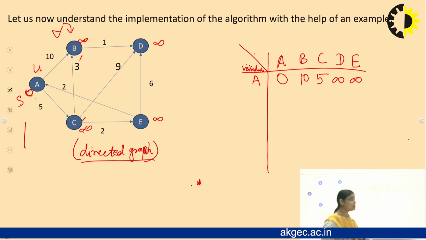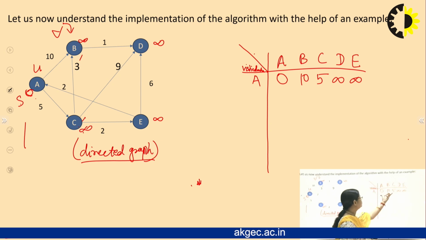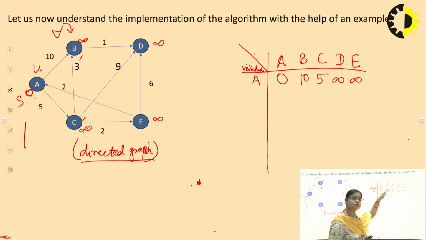Now, what I am going to do is find the minimum value in this table, because the vertex that has got the minimum value will be our source vertex for the further steps, or for finding out the distance between the other vertices, right?